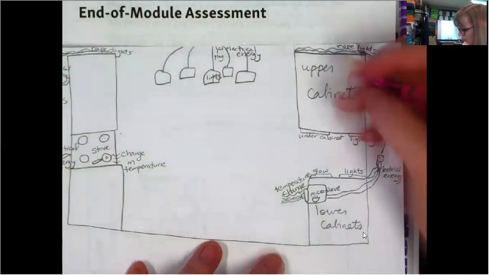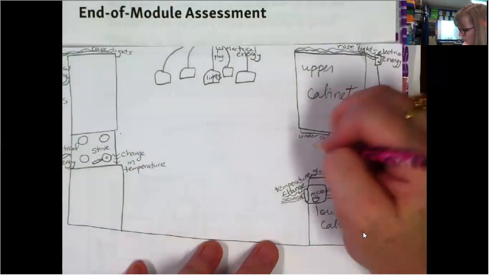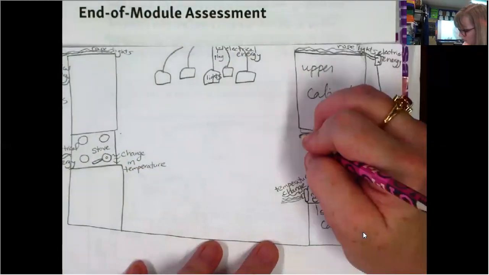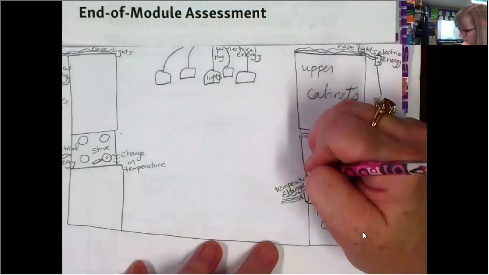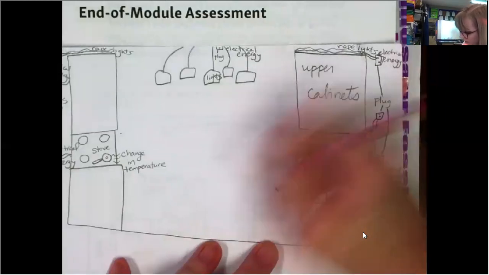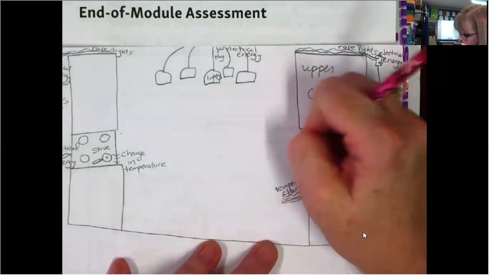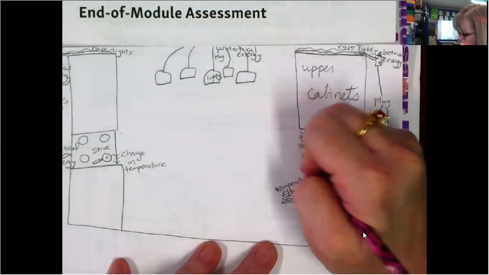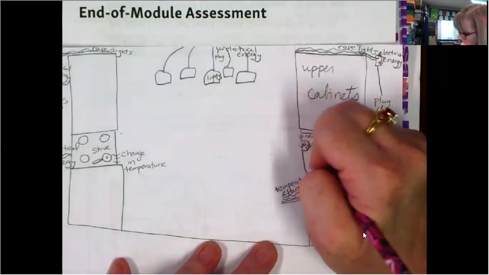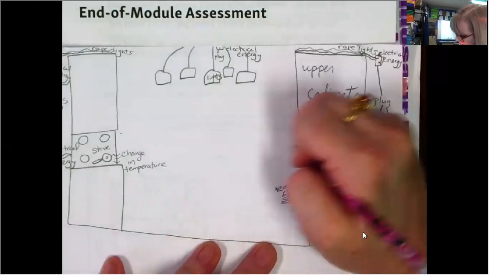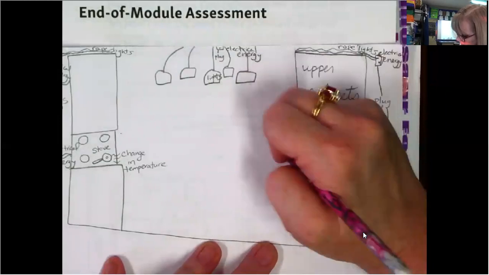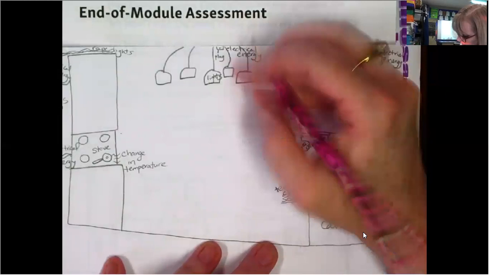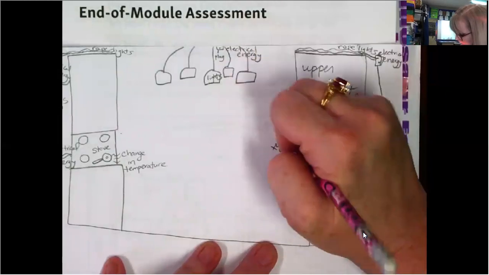Okay. Then I have a fridge, and it has an ice maker. So that requires energy because it makes things colder. So temperature change.